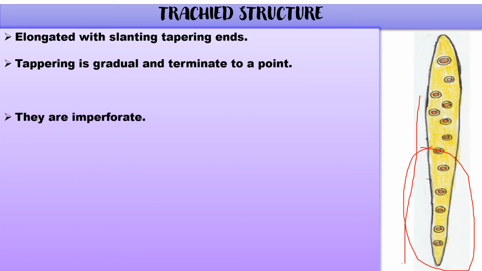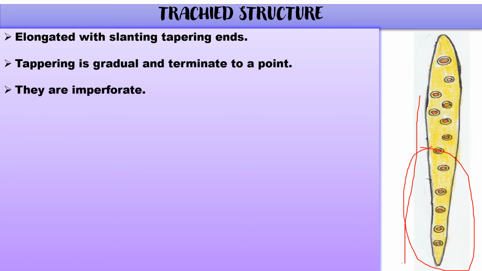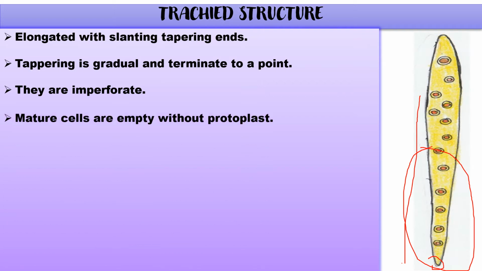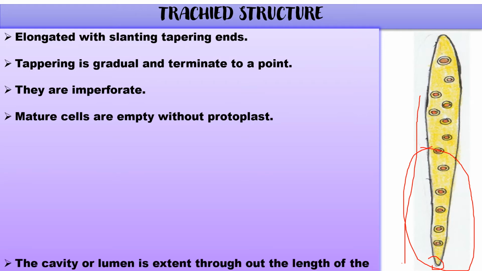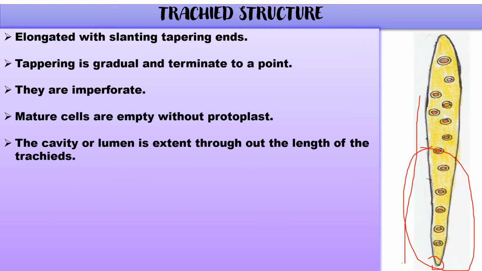The end wall of tracheid does not have any perforation, so it is called imperforate, whereas the mature cell is dead. That means there is no protoplasm, but the lumen or the cavity extends throughout the length of the tracheid. If we cut the tracheid and see, it is completely a cavity.